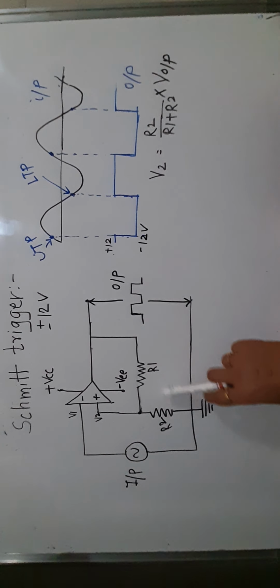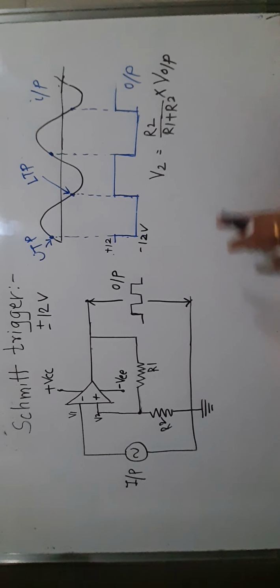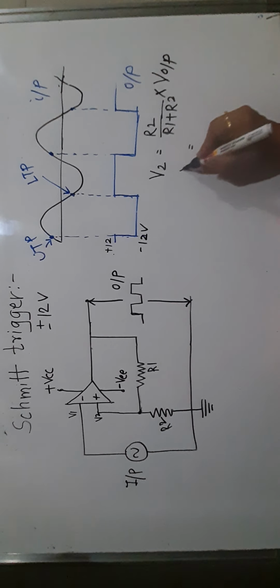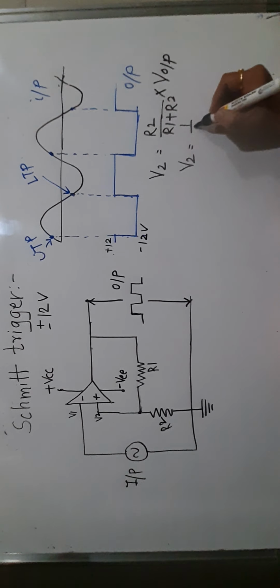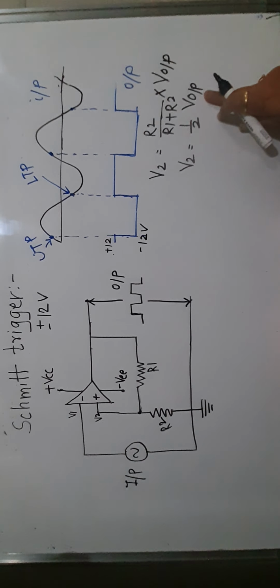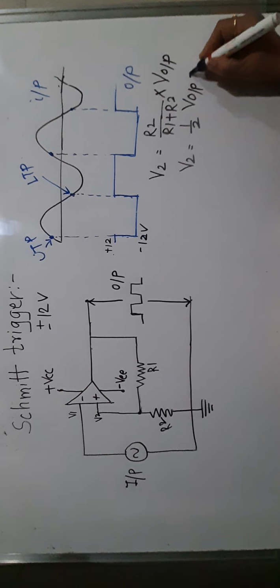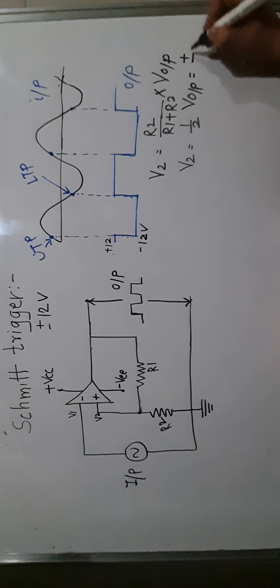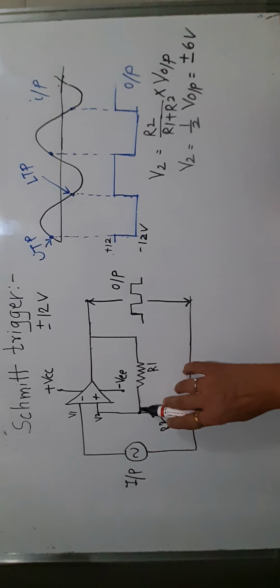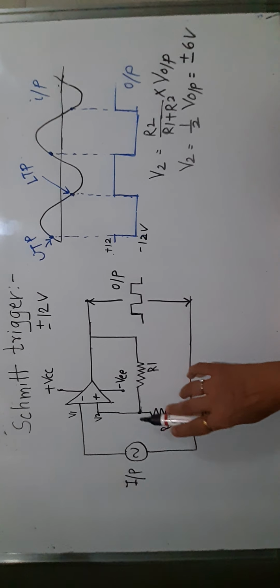If we choose R1 and R2 of the same values, then V2 will be equal to 1 by 2 into Vout. So if Vout is 12 volt, then it will be plus minus 6 volt. This voltage will be plus 6 volt or minus 6 volt.